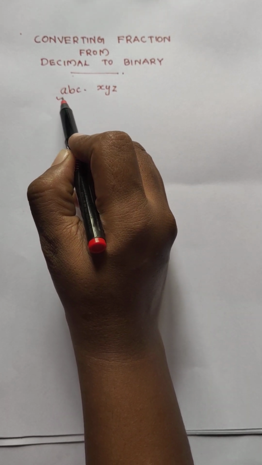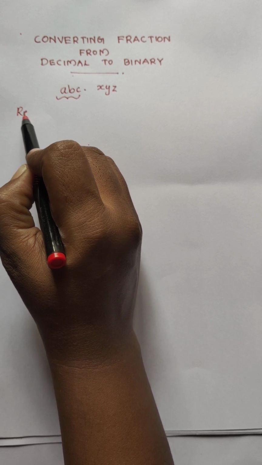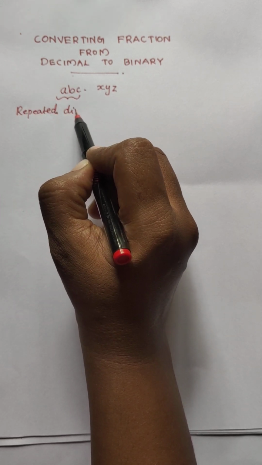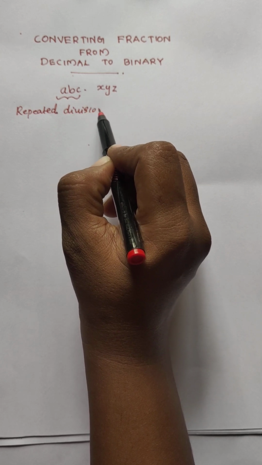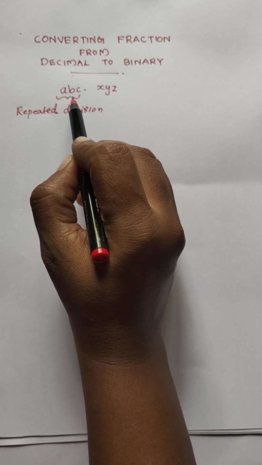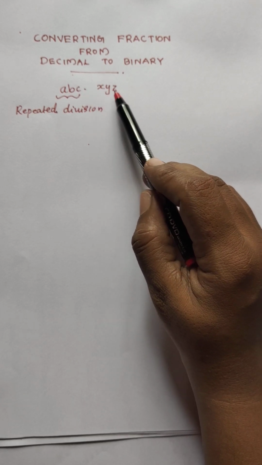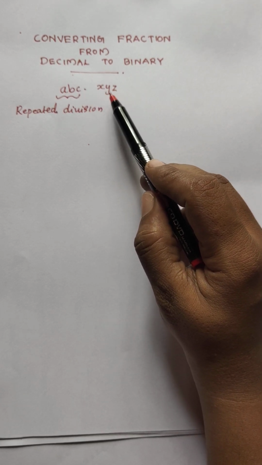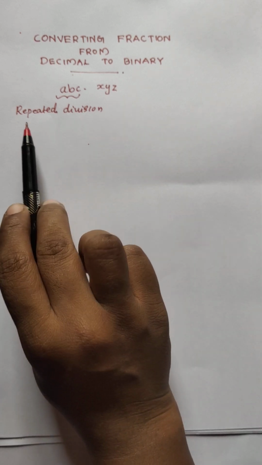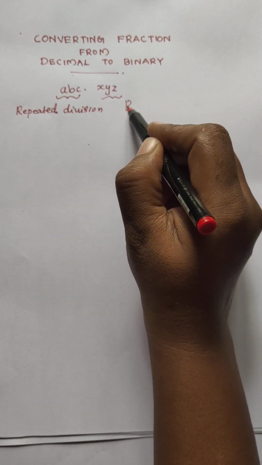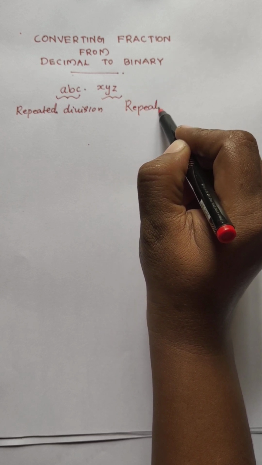How can we convert the integer part? Repeated division. The repeated division method is used for the integer part, and here xyz is the fractional part. So instead of repeated division, we can use repeated multiplication.